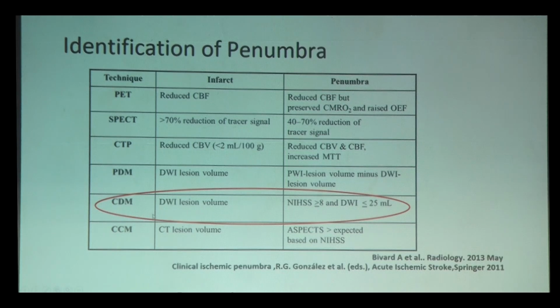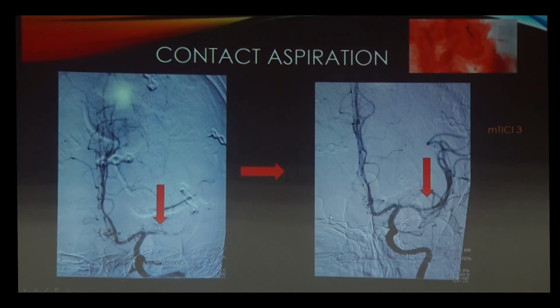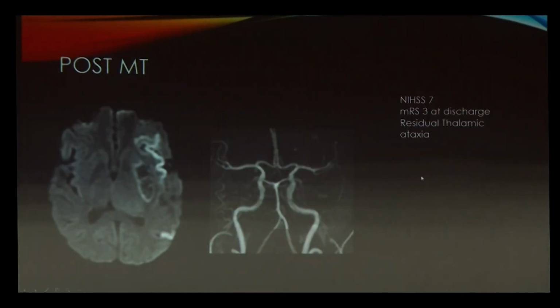So as per the clinical and diffusion mismatch in this patient, he was shifted to the cath lab, and contact aspiration was done in his left M1, and we can see good recanalization post aspiration, TICI 3. There is significant clinical improvement post thrombectomy.